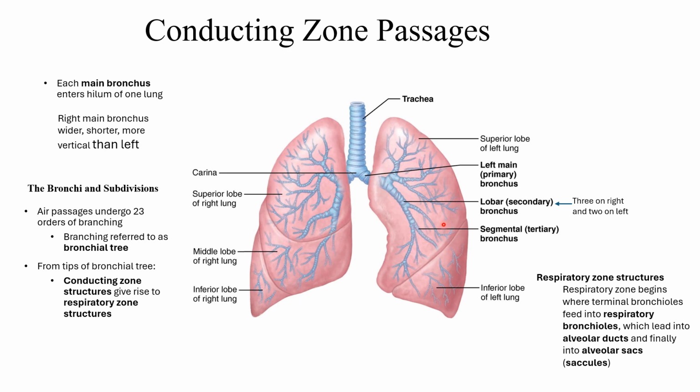Then these divide into the tertiary or segmental bronchi, and these bronchi undergo 23 orders of branching, and this branching is referred to as the bronchial tree. The respiratory zone begins when a terminal bronchiole feeds into a respiratory bronchiole. So it keeps on dividing till they become terminal bronchioles. After terminal bronchioles, we have respiratory bronchioles, then alveolar ducts, then alveolar sacs.